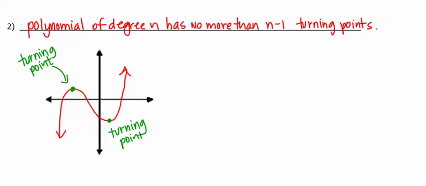This is an example of a degree 3 polynomial function. And you can see that it has no more than 2 turning points.